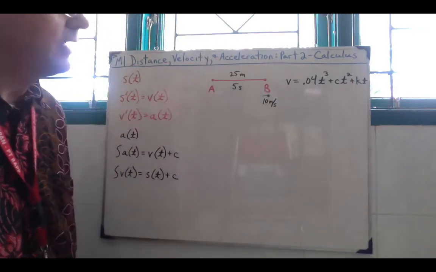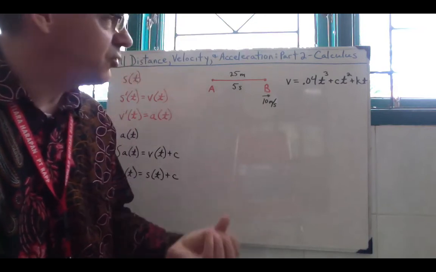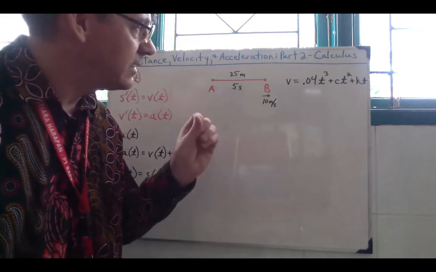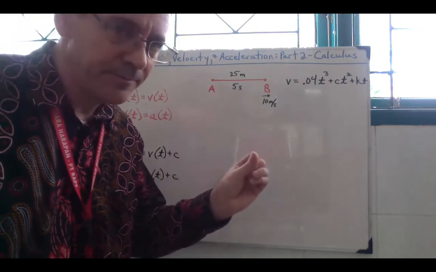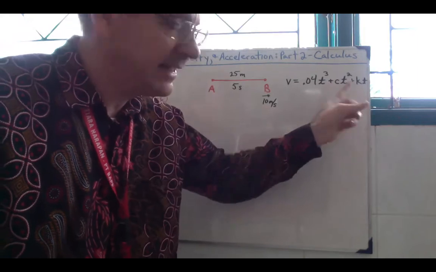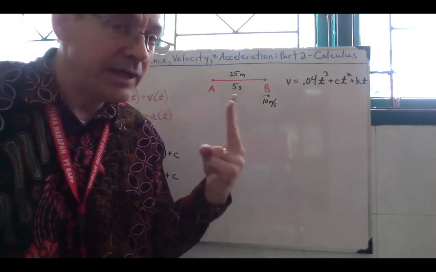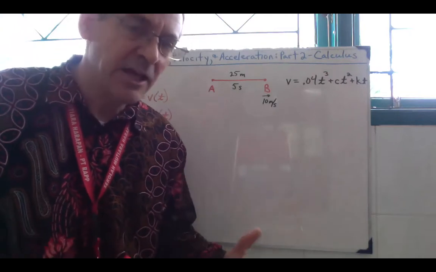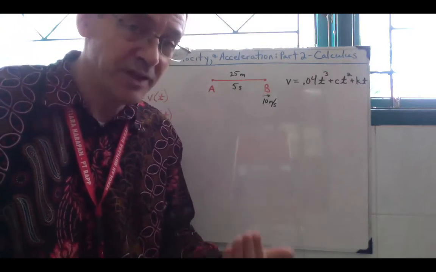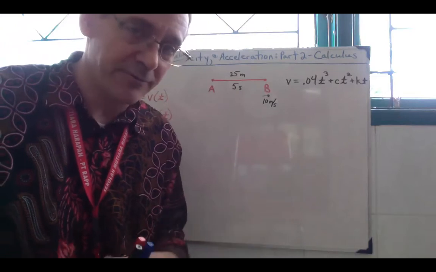Now remember, it wants us to solve for c and k. And we have two variables in the same equation. That means we need to come up with two separate equations so that we can solve these two variables.